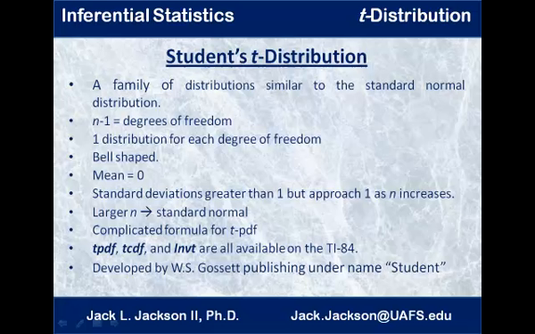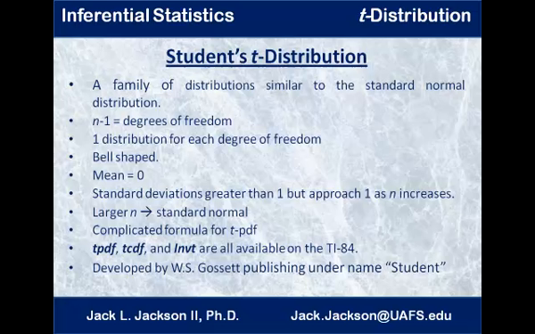These t distributions are actually called Student's t distribution. It's a family of distributions that are similar to the standard normal distribution. There's one of these distributions for each degree of freedom, so there's a whole family of these things. They're all bell-shaped. They all have a mean 0. They all have standard deviations that are greater than 1, but they approach 1 as n increases.